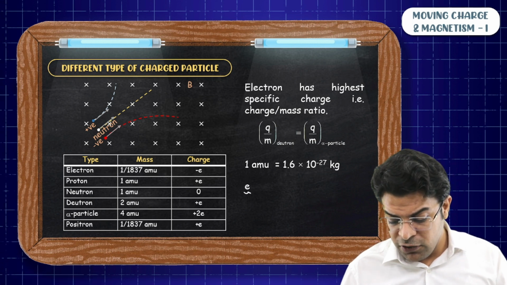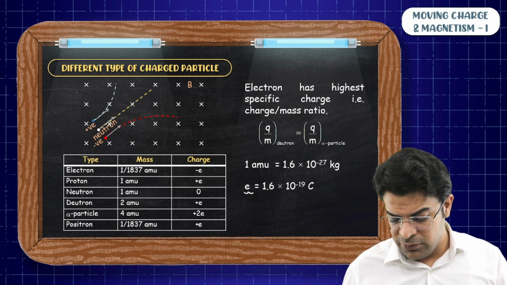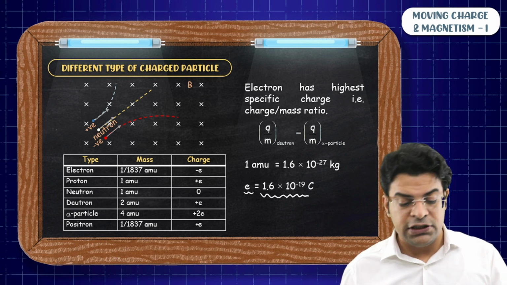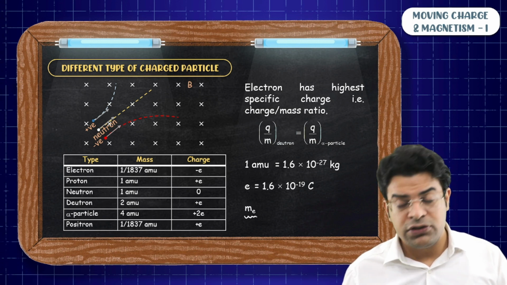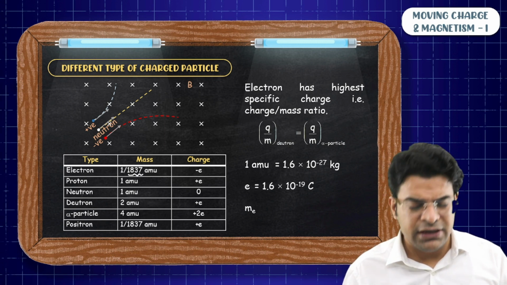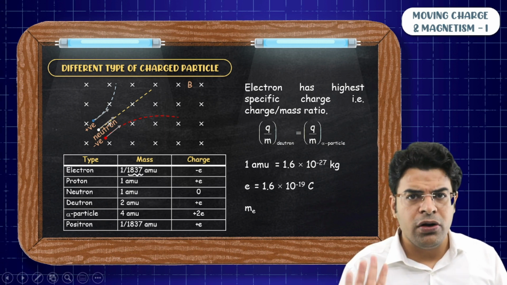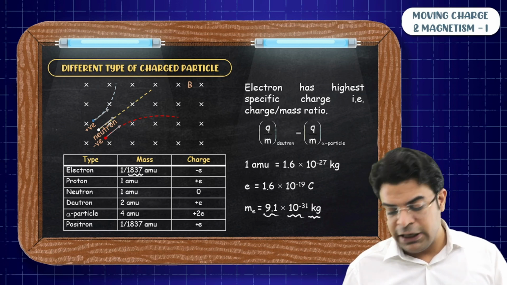Second thing, what is the charge? What is E? So we say that E is nothing but 1.6 into 10 raised to the power of minus 19 coulomb. The next thing, what is the mass of electron? The mass of electron is nearly 1837 times smaller than the mass of proton. The value comes out to be 9.1 into 10 raised to the power of minus 31 kg.